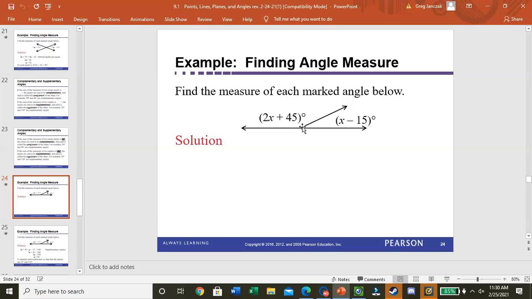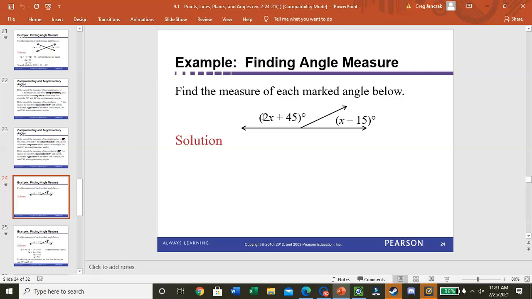Straight line. 180. So since these two angles add up to 180, these two angles would be what? Supplementary or complementary? Yeah, they're supplementary, right? So since these are supplementary angles, they're going to add up to 180.